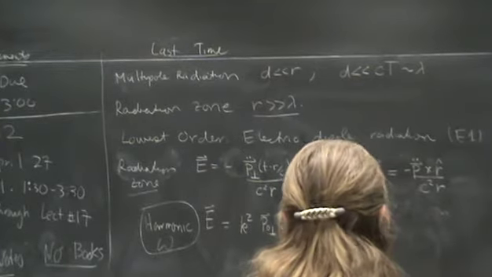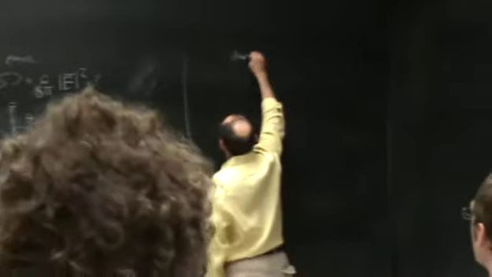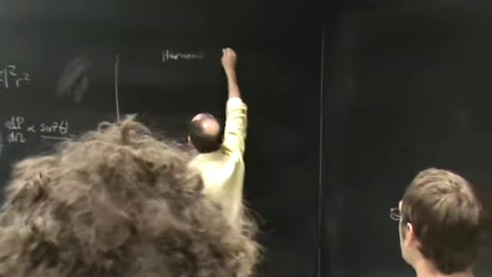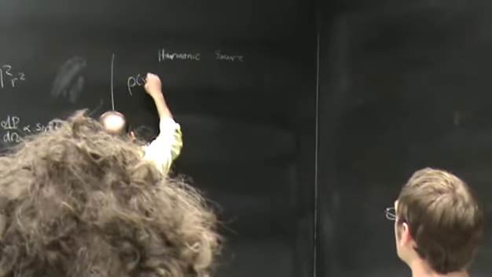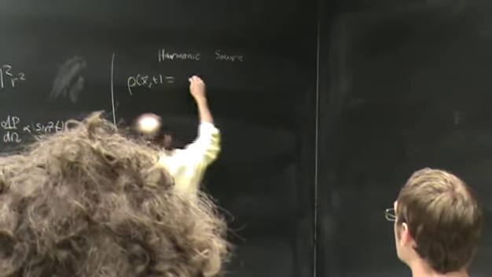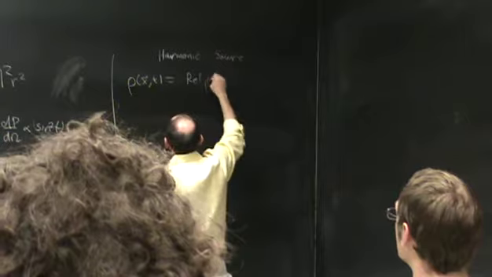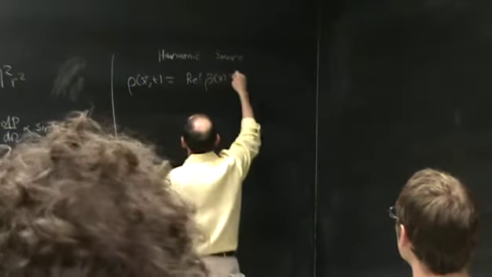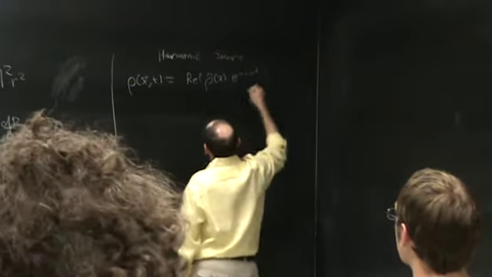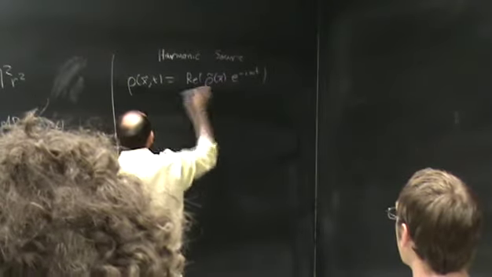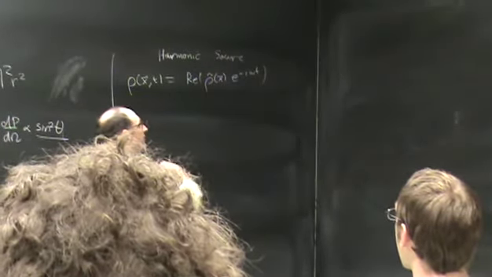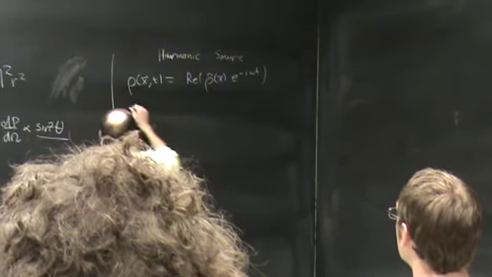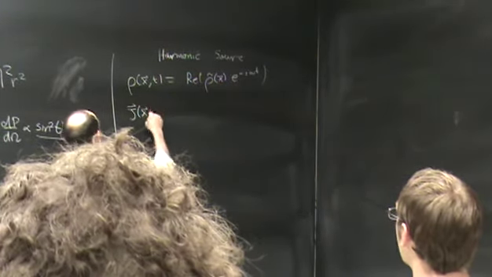So we have made the assumption now that the charge density is oscillating with some frequency omega. And we know that any such function can be written in terms of the cosine and sine pieces, or equivalently the complex amplitude.